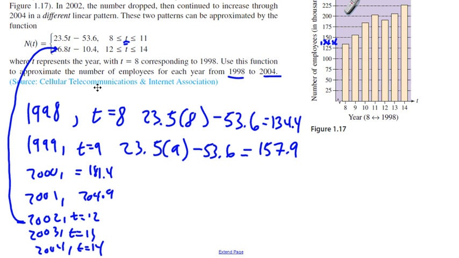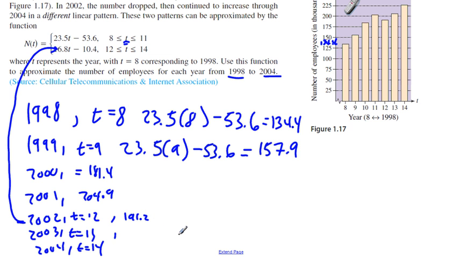That's why they say here's the source. So I think it's kind of neat that we can use real life data and actually do this kind of stuff here. All right, in 2002, 191.2 thousand.